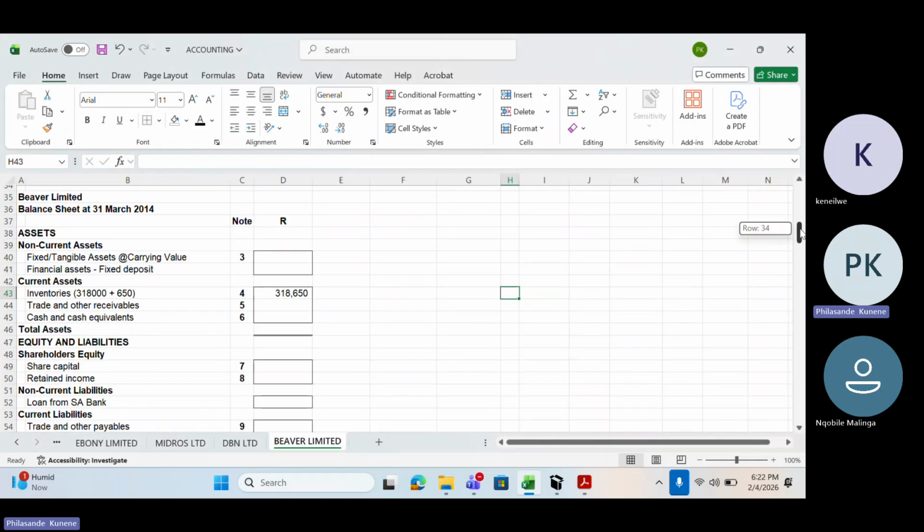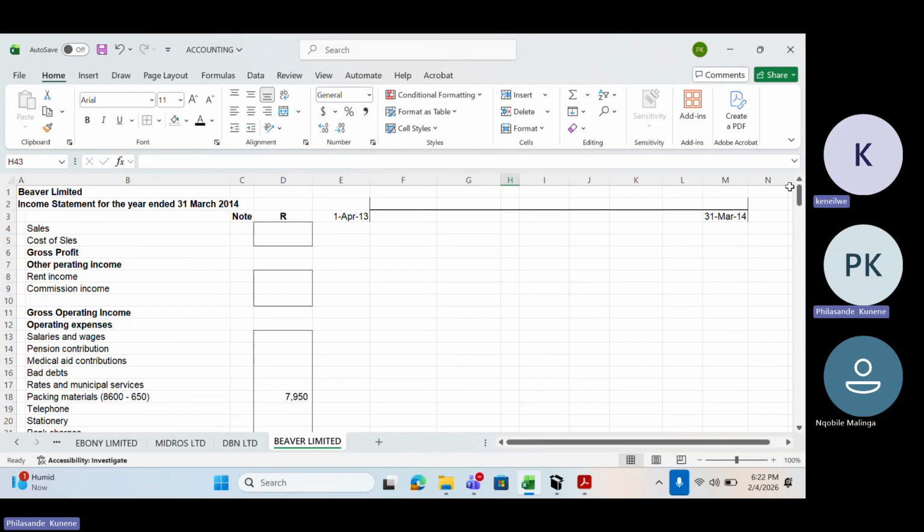Which means we're going to do some workings for this one now. I'll say workings here, and then I'll start with the first one. So number 1. What am I going to write down? 192,850, right?